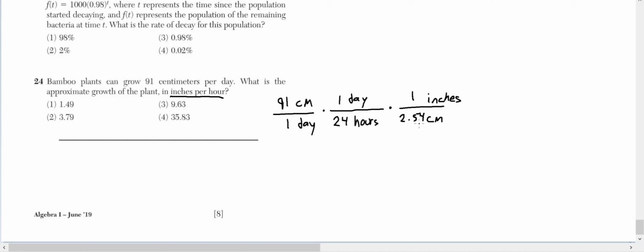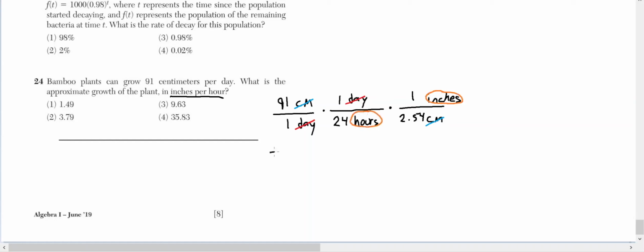And this turns out to be enough information to solve everything. So let's cancel out our units. Day cancels out with day, and centimeters cancels out with centimeters, like we wanted. So the remaining units are inches divided by hours.